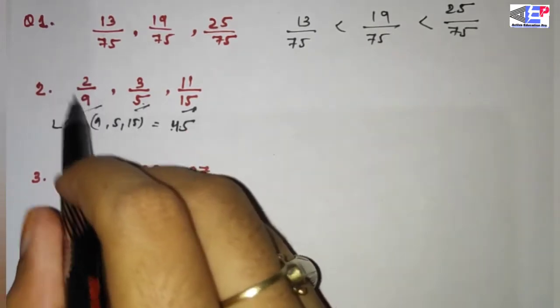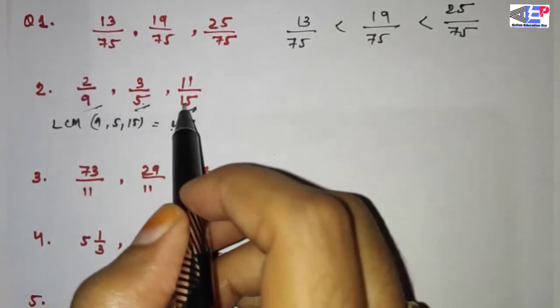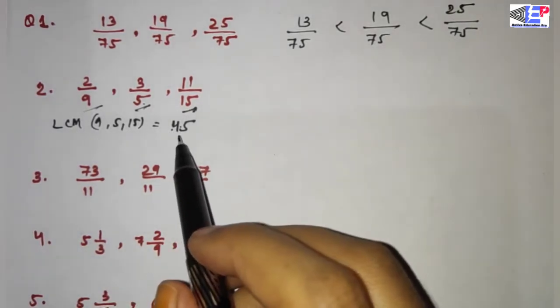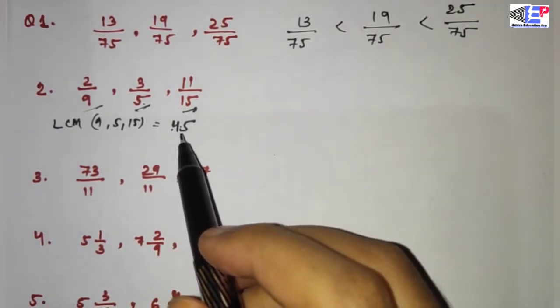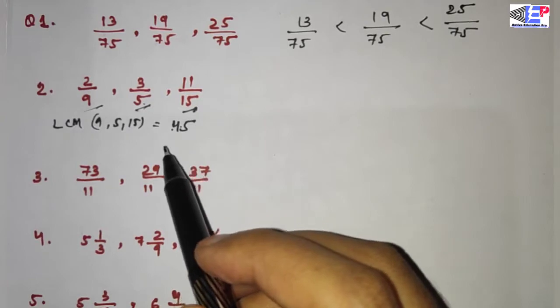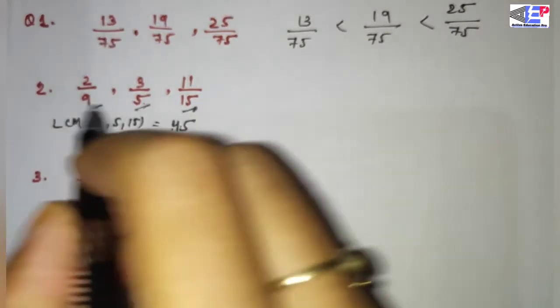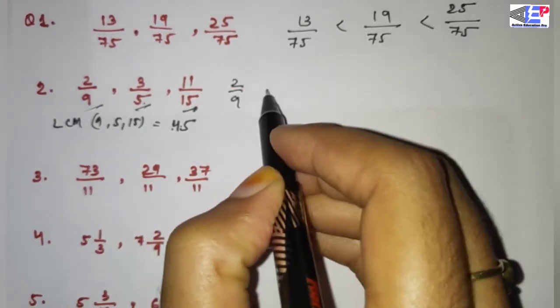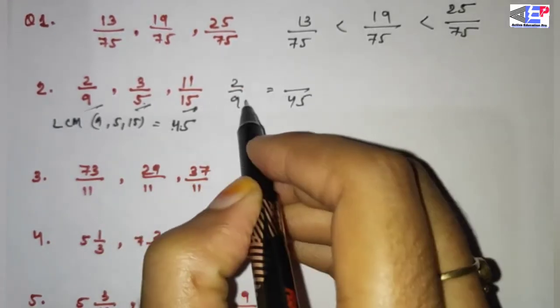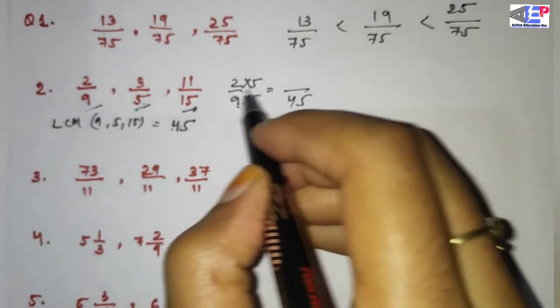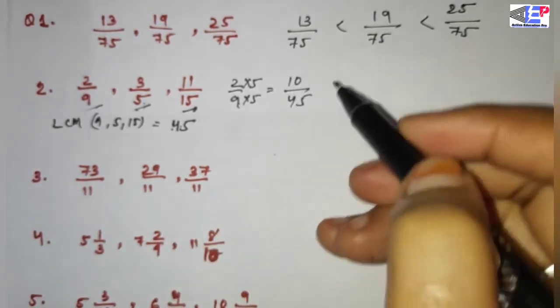Now you have to convert these three fractions to their equivalent fractions having 45 as the denominator, because after converting them you get like fractions, and then you can compare their values. So 2 by 9: 9 5s are 45, so multiply by 5, then it will be 10 by 45.